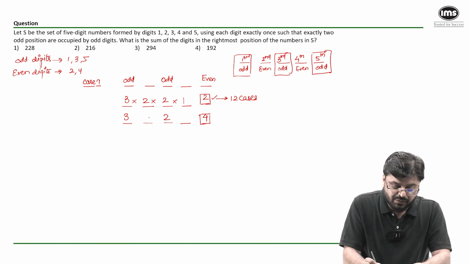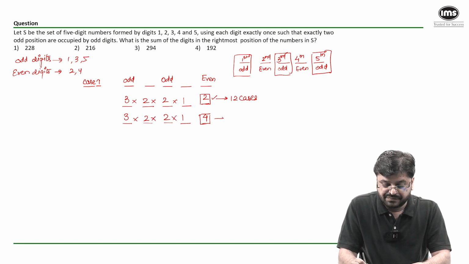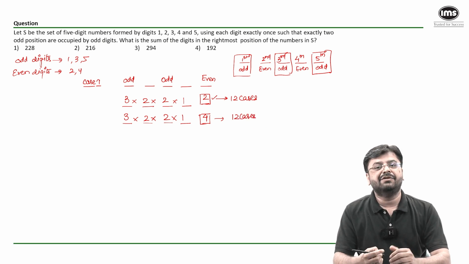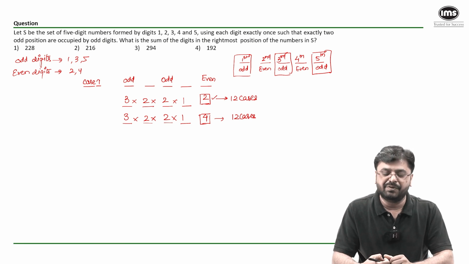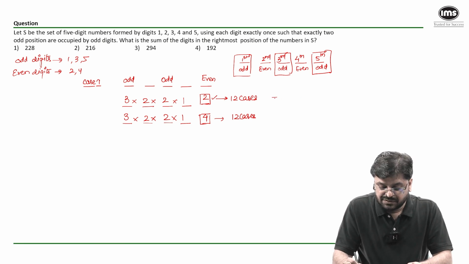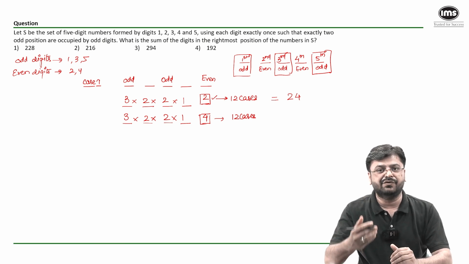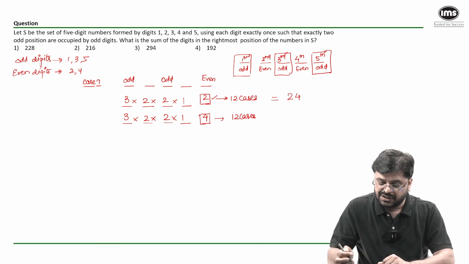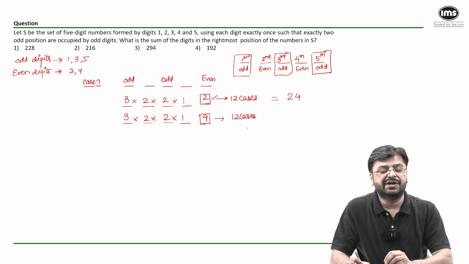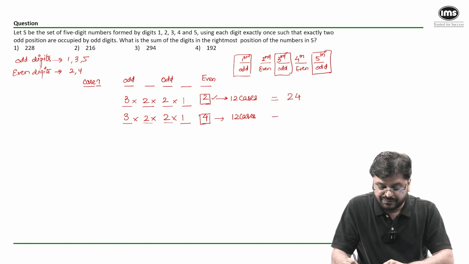And for the remaining 2 places, we have 2 digits and there's no restriction, which again can be done in 12 ways. So there will be 12 numbers in which the unit digit will be 2, and there will be 12 numbers in which the unit digit will be 4, which means this will give me 24. The sum will be 24 for these 12 numbers, and the sum of the unit digit for these 12 cases will be 48.